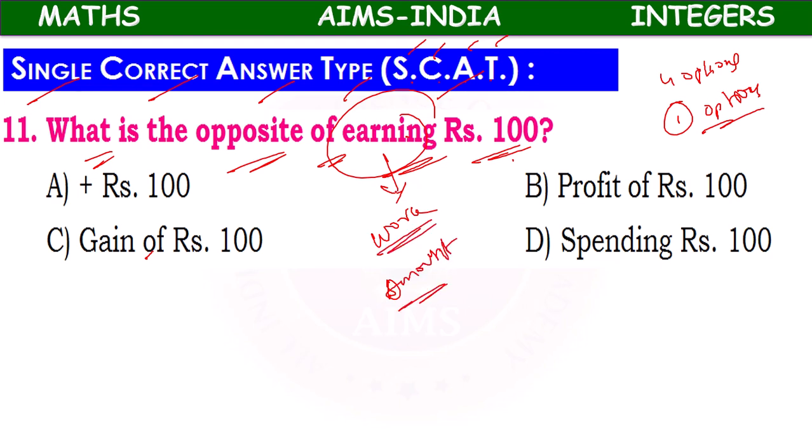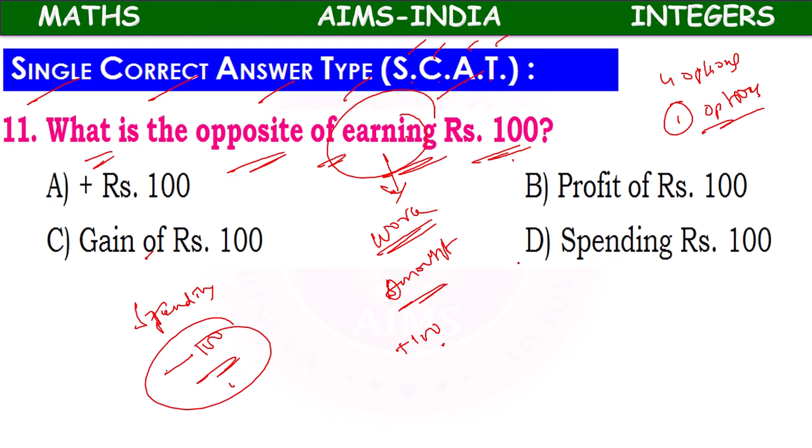So what is the opposite word to earning? Here we are taking the money, plus 100. While we are spending or shopping, we give the money, then it will become minus. So the opposite of earning is spending.